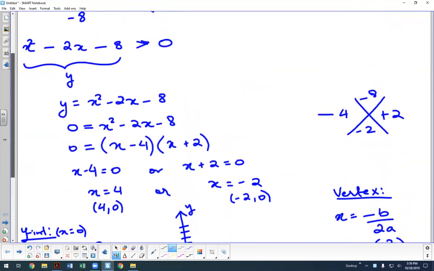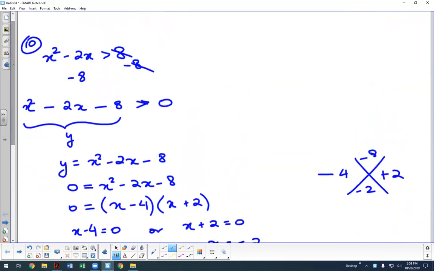So if you go back here, you have x squared minus 2x minus 8 is greater than 0, or in other words, y value is greater than 0 since we're representing this as a function. So we want to know for what interval, which means for what x values, will this function give us positive y values, right? And that's not including 0, that's just for the positive y values.